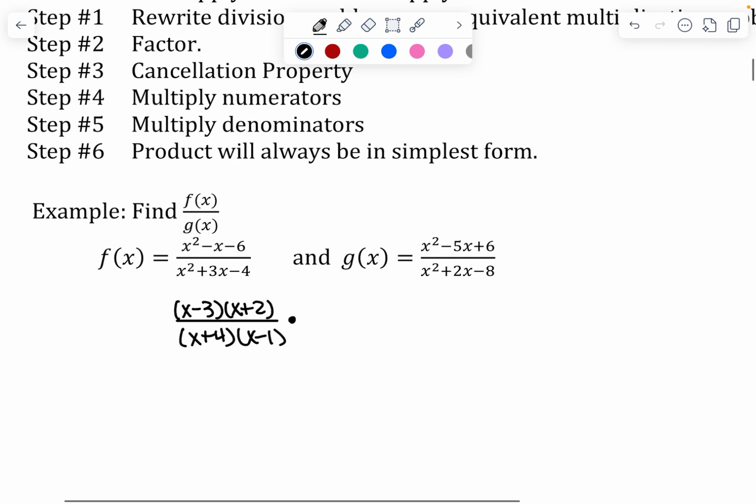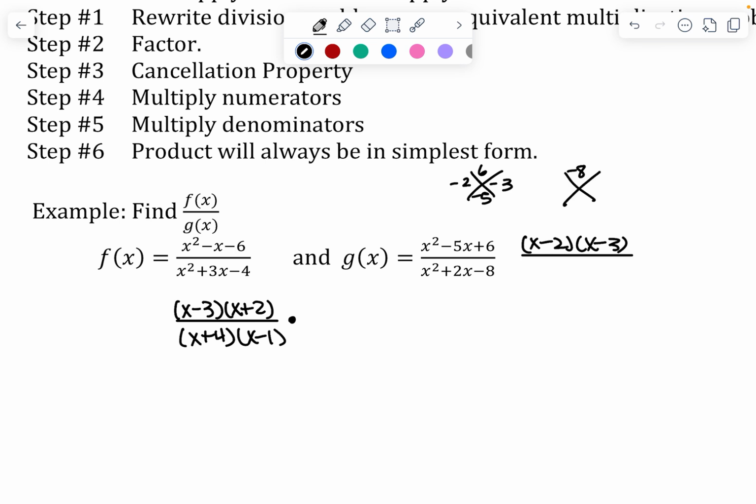And then we're going to have to flip g of x. I'm going to factor him up here. So two numbers that multiply to positive 6 and add to negative 5 would be negative 2, negative 3. And two numbers that multiply to negative 8 but add to positive 2 are 4 and negative 2.